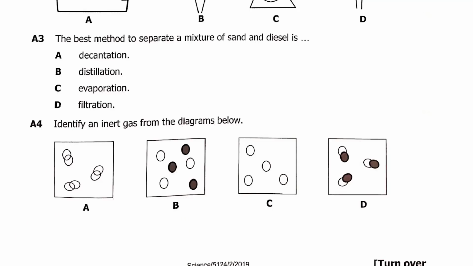Question 3. The best method to separate a mixture of sand and diesel is A, decantation, B, distillation, C, evaporation, D, filtration. We cannot use decantation there.